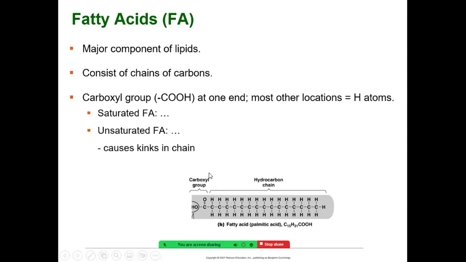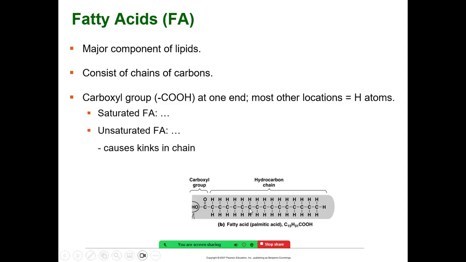You have two types of fatty acids: a saturated fatty acid, shown here, and an unsaturated fatty acid. A saturated fatty acid has all of the carbons linked together with a single covalent bond linking the carbons together. And of course, they have single bonds linking the hydrogens because hydrogen can only bond to one atom. But the carbon can bind to four different atoms.